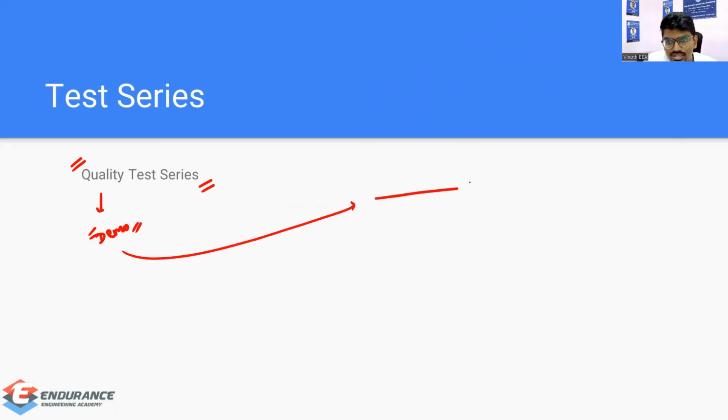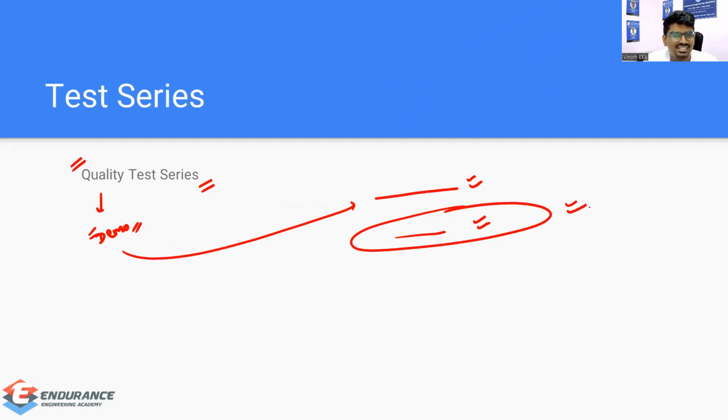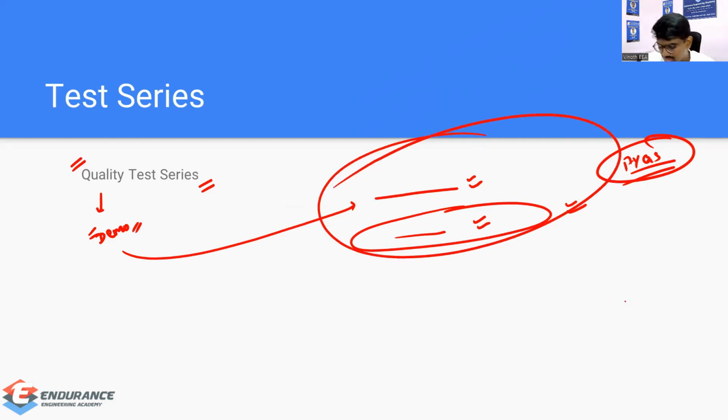Check how the questions are, how is the variety of the questions. Check how relevant it is to the GATE exam, to GATE XE. And you can find out the relevance of the GATE XE test series to the actual GATE exam paper by solving previous year questions. If you solve previous year questions of GATE XE, you will be able to find out how relevant it is. So these are the two things which you can verify before registering for a test series.